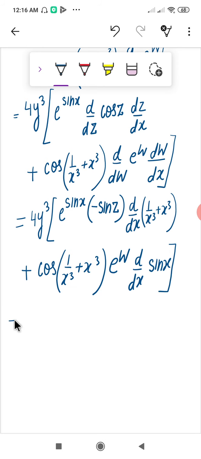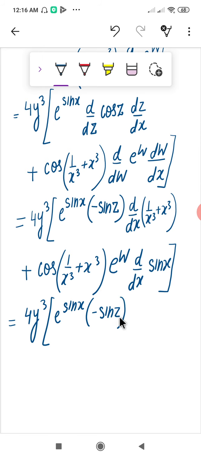Next step, 4y cube e to the power sin x minus sin z, and here you have to differentiate it like this. d by dx of x to the power minus 3 plus d by dx of x to the power 3.